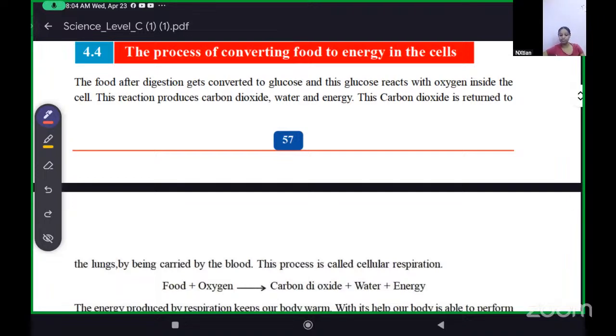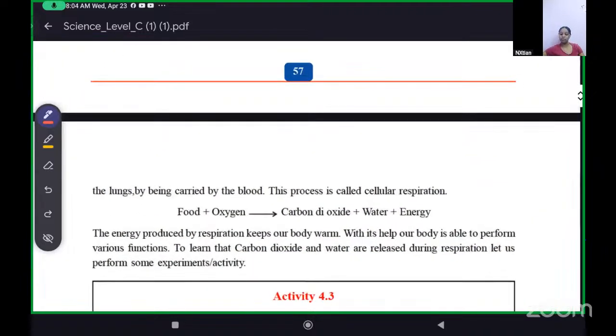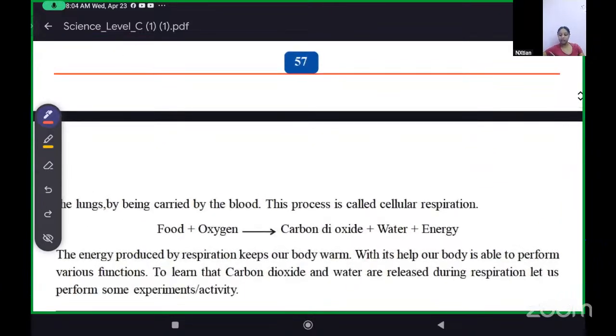After digestion, food gets converted to glucose, and this glucose reacts with oxygen inside the cell. This reaction produces carbon dioxide, water, and energy. Carbon dioxide is returned to the lungs, carried by the blood. This process is called cellular respiration: food plus oxygen gives carbon dioxide plus water plus energy.